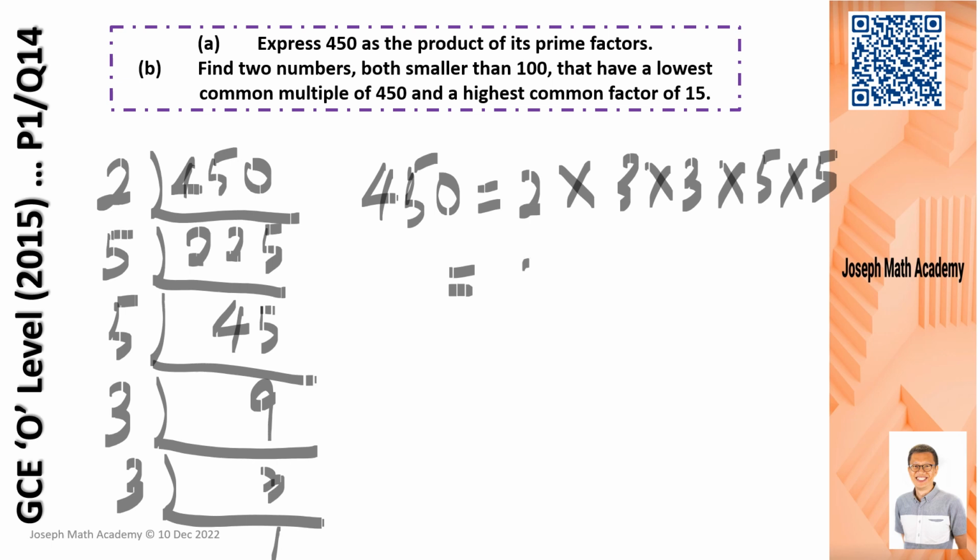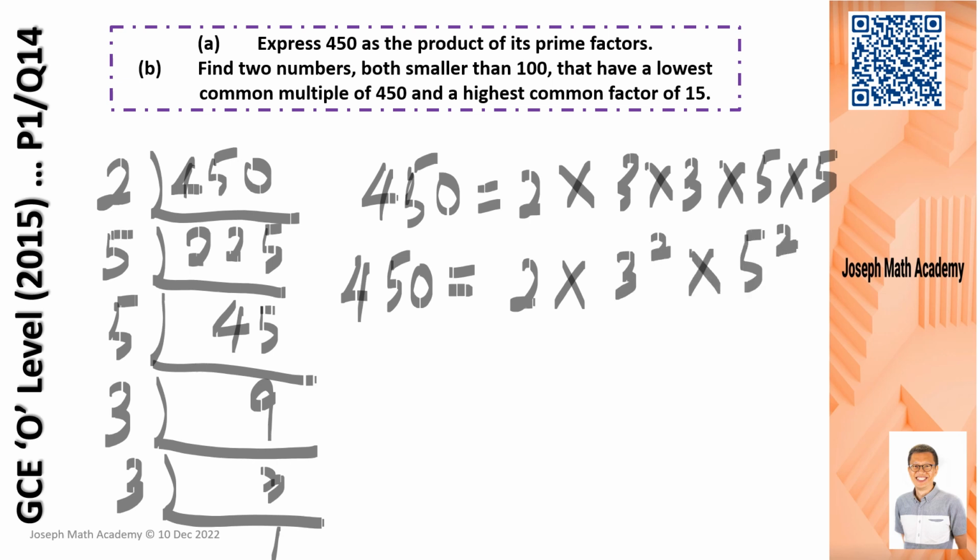Rewriting this, 450 is equal to 2 times 3 squared times 5 squared, written in its index notation. All right, so A is completed. Not difficult, right? I'm going to move on to part B in my next slide.